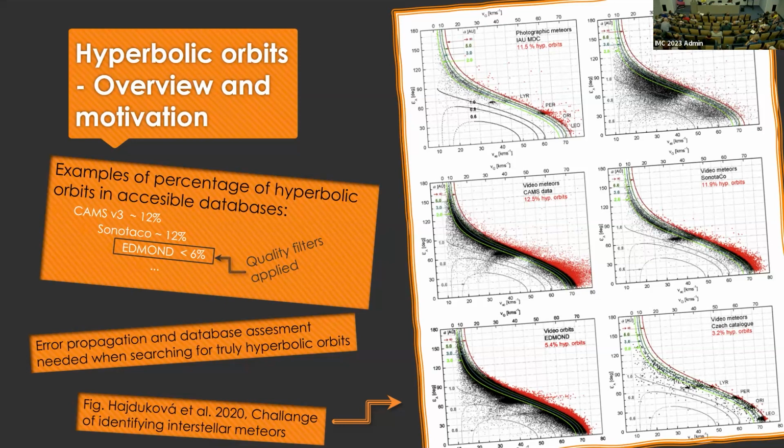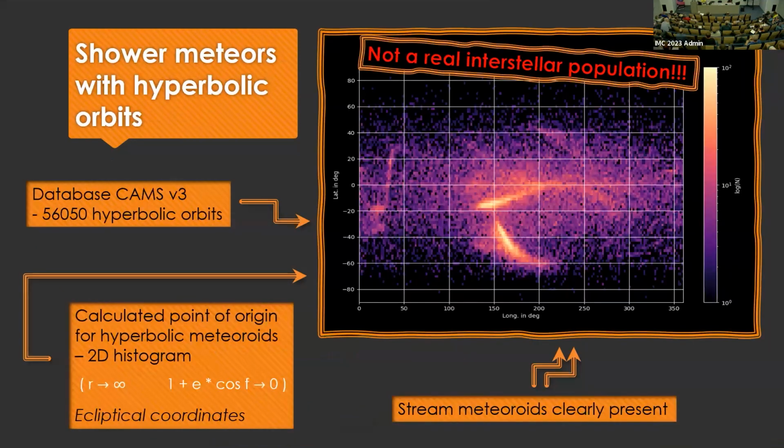So if you want to search for interstellar meteors, you need error propagation, not only for the meteors you are investigating, but also for the whole database. You need to see the whole database to see if you actually have anything to work with, if it is worth it, to be honest.